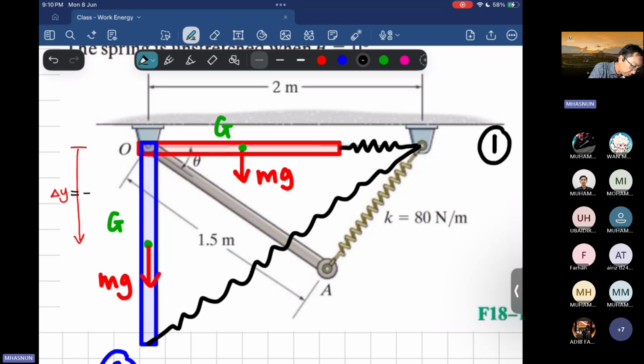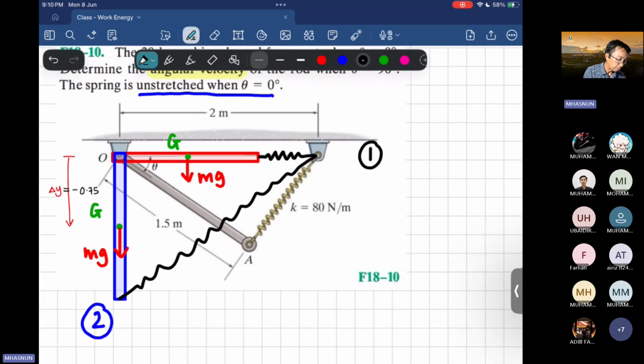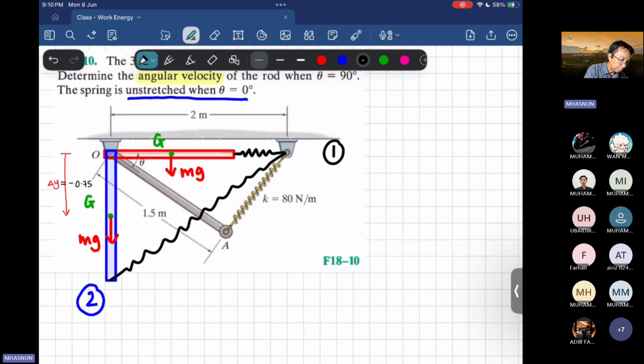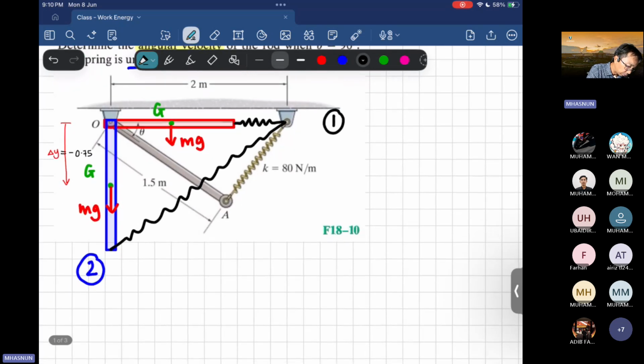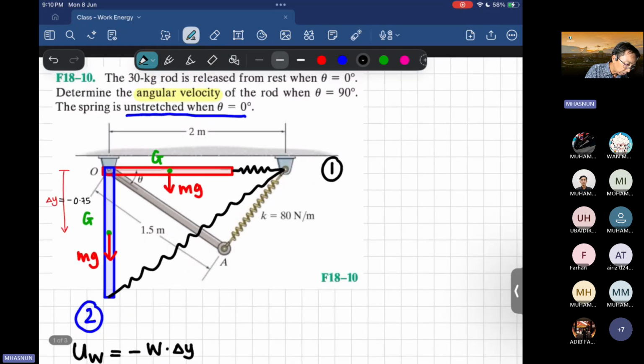So here delta y is equal to negative 0.75. The reason it is negative is that delta y is pointing downwards. It starts from top to bottom, so delta y becomes negative. So that is the first work done that we're going to calculate. First we will calculate UW. UW is equal to minus W times delta y. Minus W, we have here a 30 kg rod.